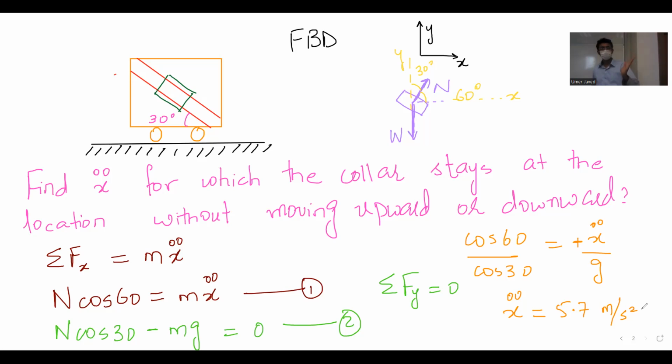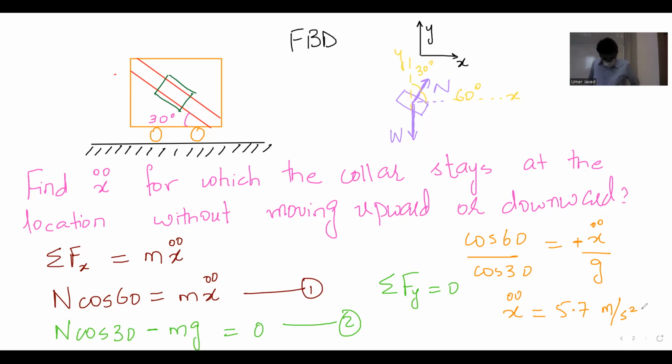No, because if I'm doing N cosine 60 equal to mx double dot, and if there had been friction along the rod, then I would have to calculate that friction, and I would have to make a projection of that as well, right? Agreed? No friction, I suppose.